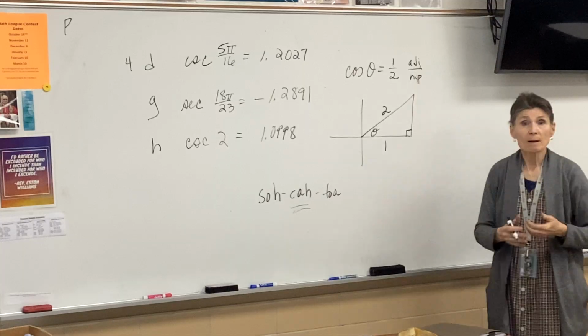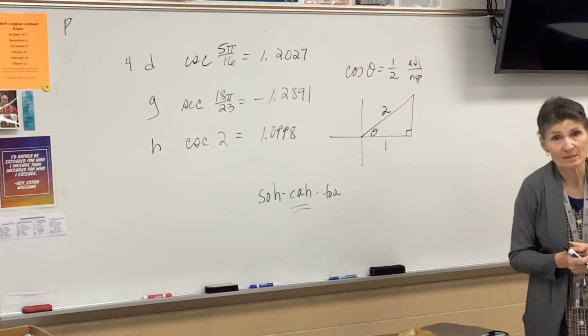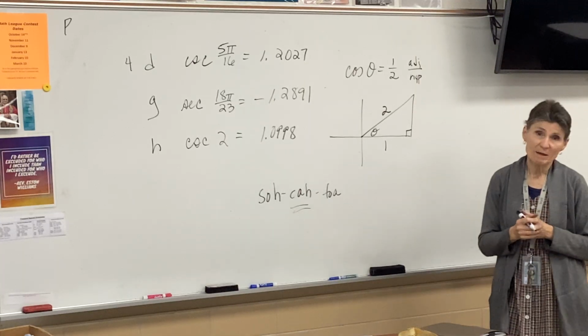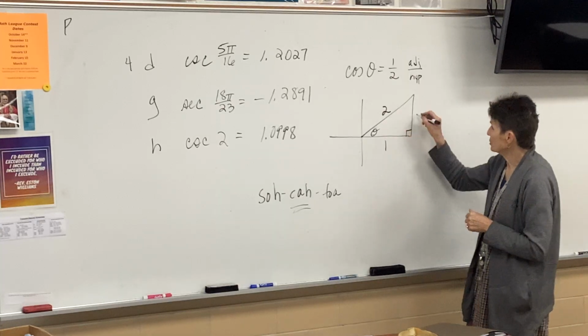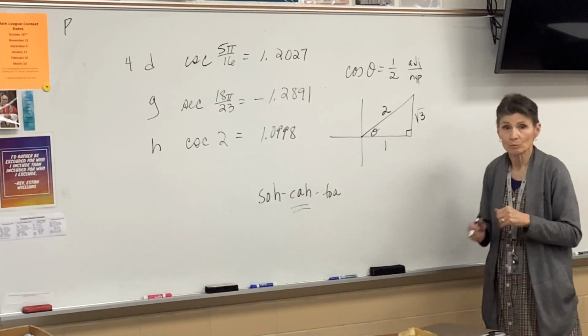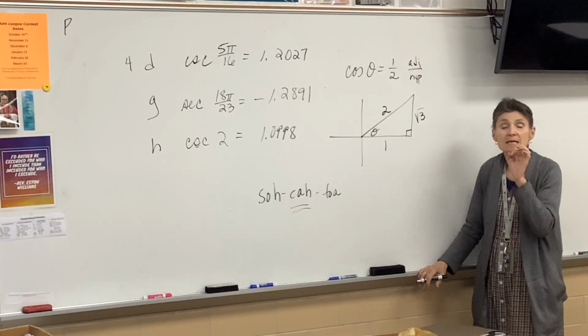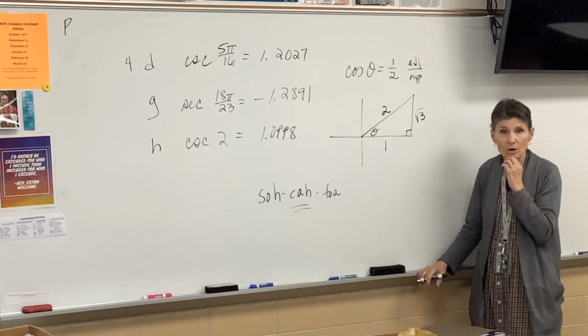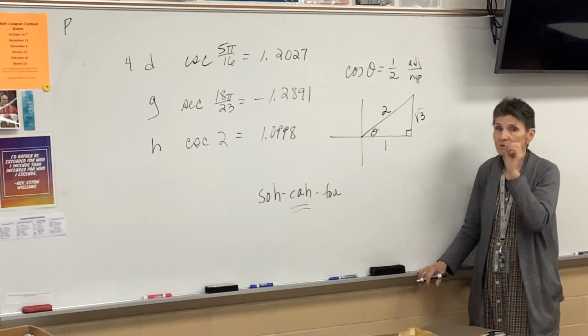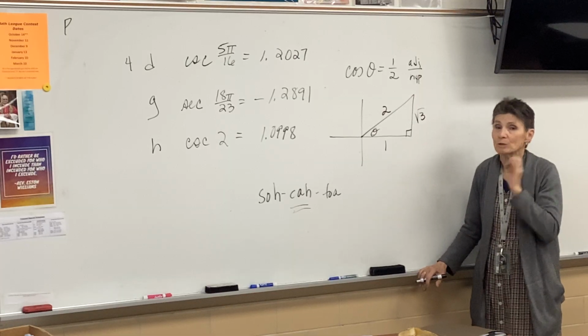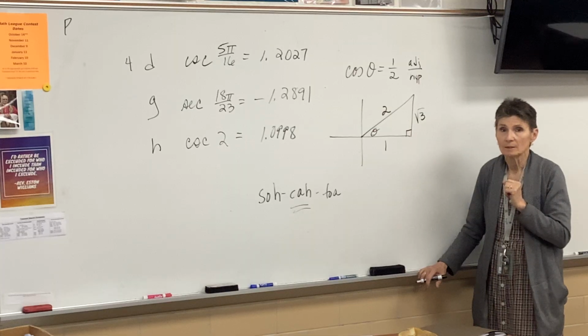Now, if you look down the bottom of your green sheet and think about what we talked about yesterday, this is one of my special triangles. If this is a 1 and that's a 2, this guy is a root 3. This is a 30, 60, 90 triangle. When you see sides that are 1, 2, and root 3, that's a 30, 60, 90 triangle.